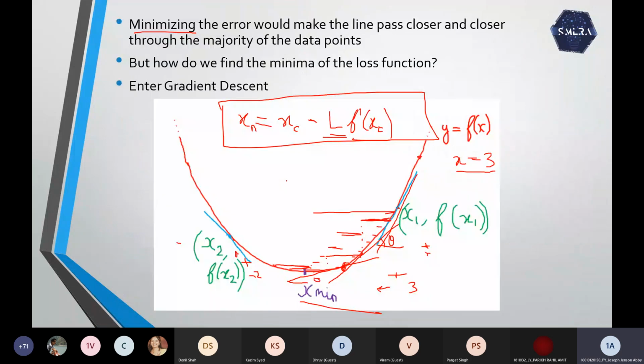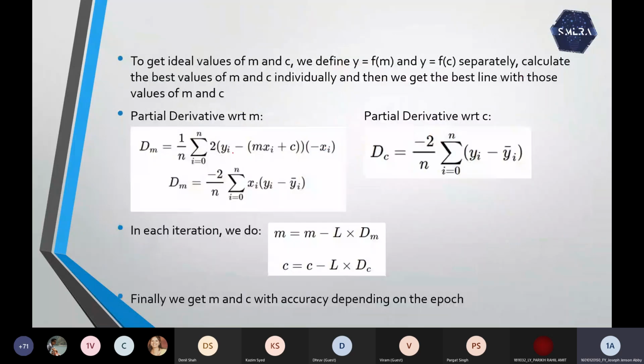The partial derivative is almost the same as derivative, just that we are differentiating with respect to one variable. So doing the gradient descent algorithm by taking the partial derivative with respect to m will give us the best value of m. If we do it with c, taking the partial derivative with respect to c, it will give us the best value of c. All right.